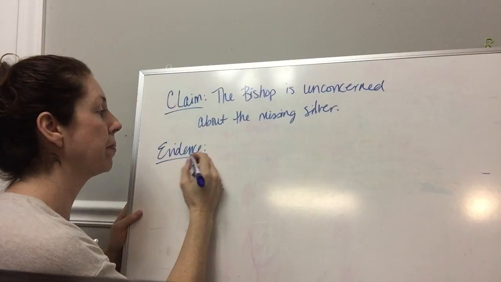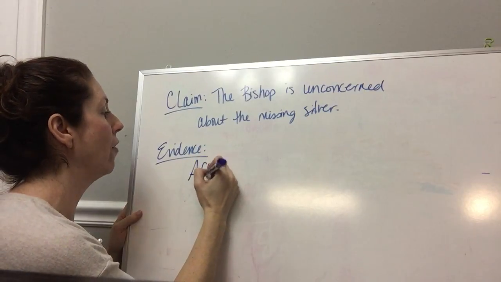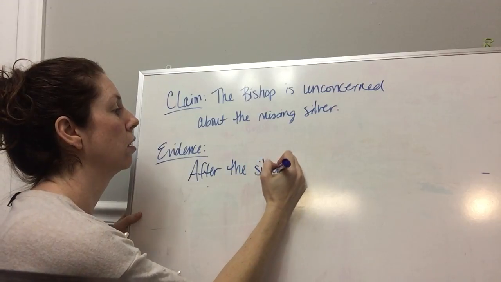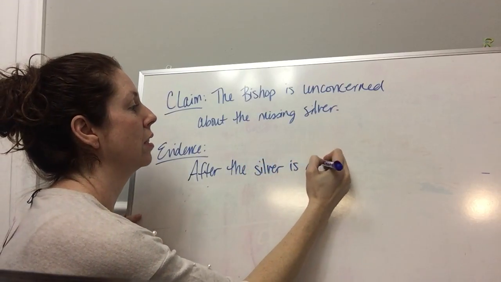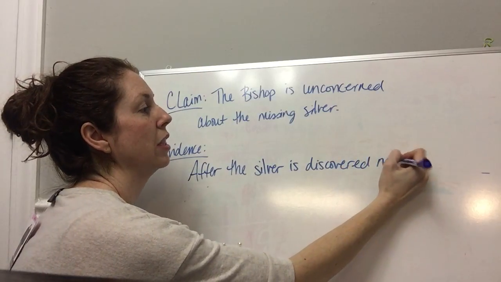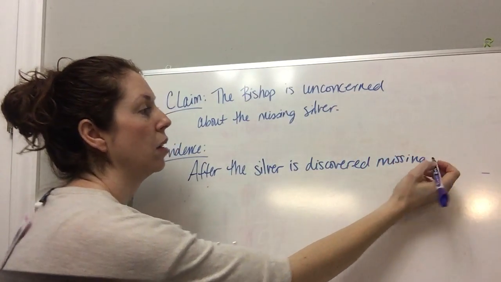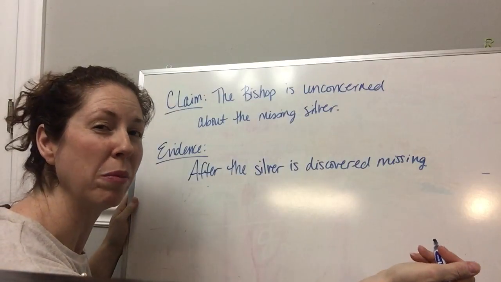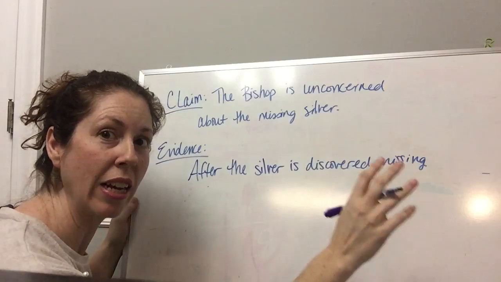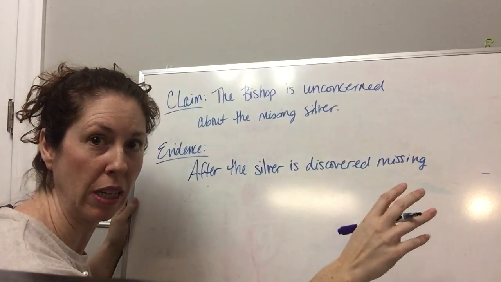So I'm going to say, after the silver is discovered missing, okay, I'm putting this into context now, because if I were just to quote what I'm going to quote, it wouldn't make sense. So I've got to put it in some context, okay? I've got to say they've decided that the silverware is missing, okay?